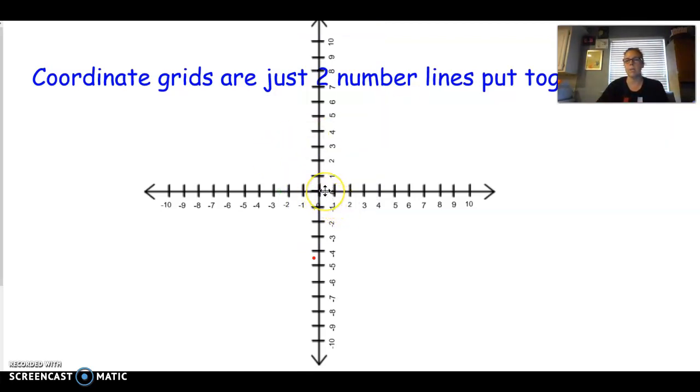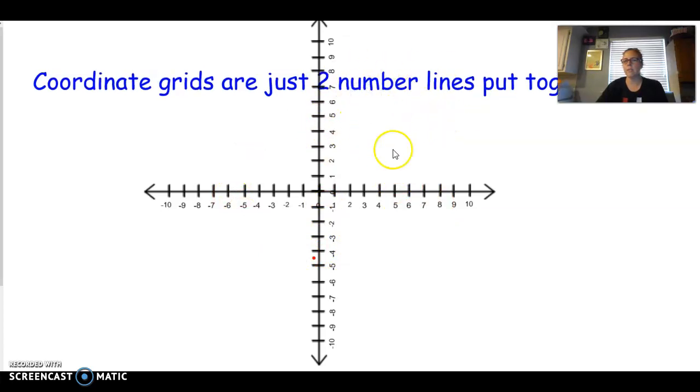I'm going to show you one in a minute that you're going to draw. So then we have positives to the right, negatives to the left, positives up, negatives down. This is the coordinate grid. In elementary, you guys just plotted right here. This is called the first quadrant. We're going to do all four quadrants, okay?